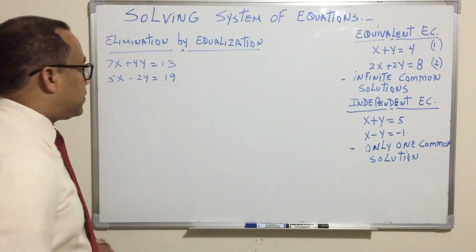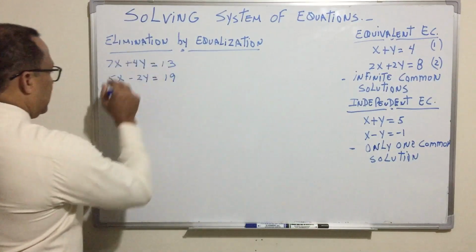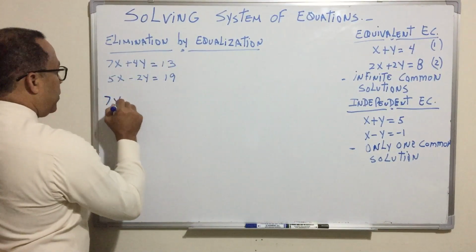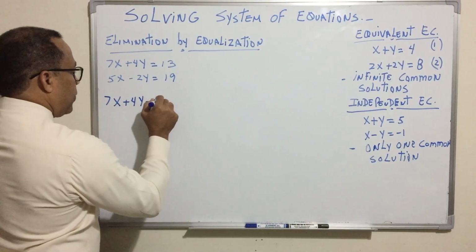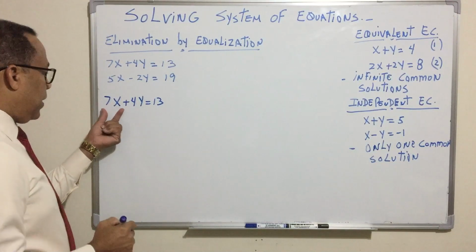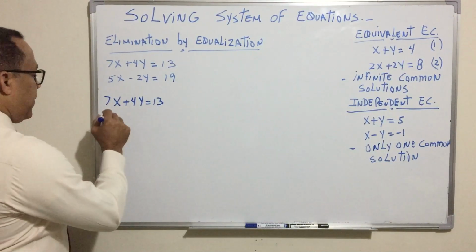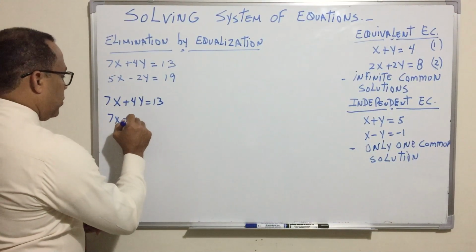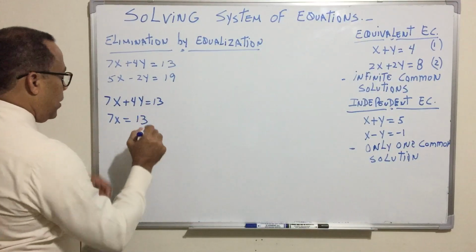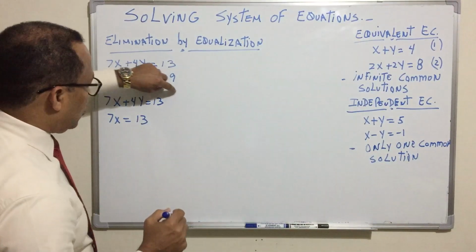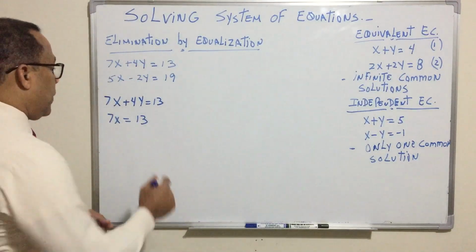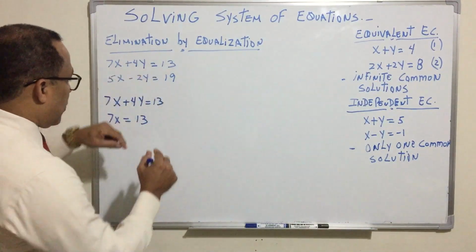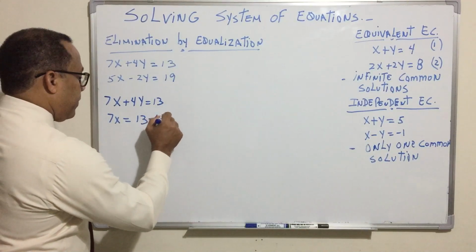Let's see the steps. I'm taking the first equation, I'll copy it over. 7x plus 4y equals 13. So let me clear the x. 7x equals 13, plus 4y goes to the other side, the opposite operation, as we know. Plus 4y goes to the right, minus 4y.